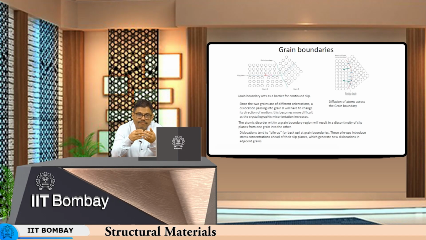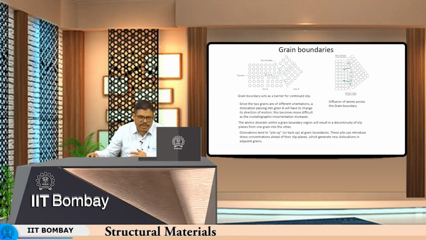And so, you will find that the resistance to high temperature deformation will be extremely poor for a polycrystalline material, or where the grain size is relatively small or grain boundary area is large. The smallest amount of grain boundary area can be achieved when you have just a single crystal. So, that is why single crystals are used for high temperature and high load application, as in case of turbine blades. So, that is what is mentioned in this slide over here.